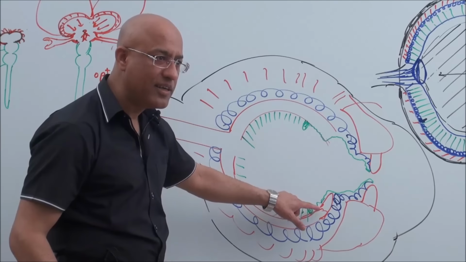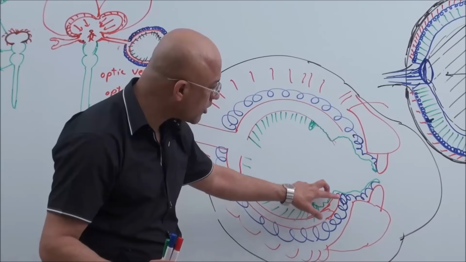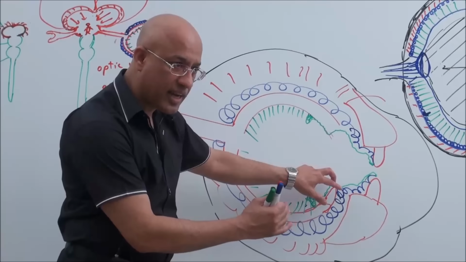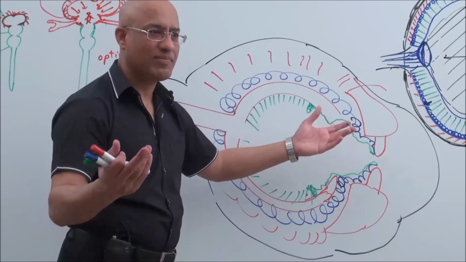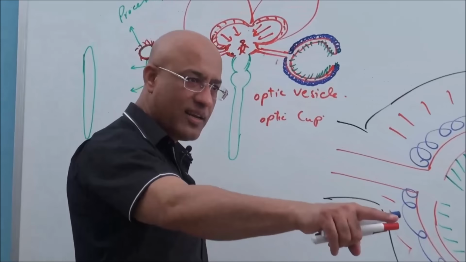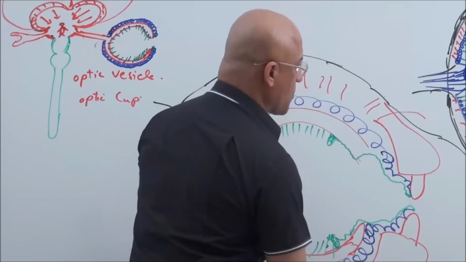Pigment epithelium, and neuronal layer cells convert into epithelial cells, and this double layer continues over the ciliary body, to the inner aspect of the ciliary body and on the back of the iris. Right, and this opening here is your pupil. Now you got them? Yes. Clear? Yes. Okay, good. So now we move forward.